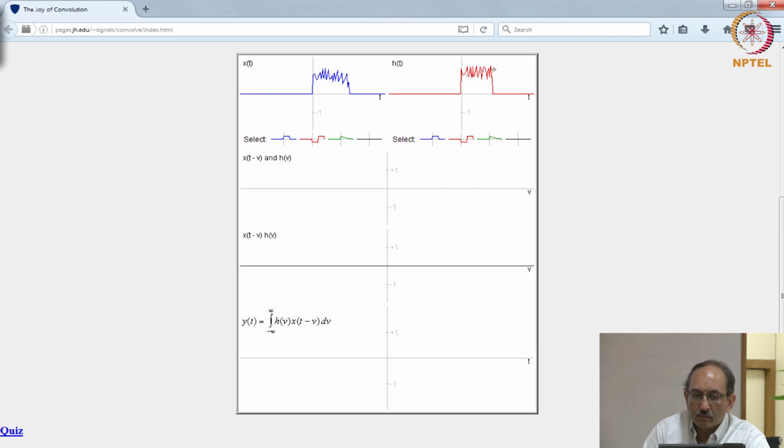and now here is another pulse which is similar. So, now what I am going to do is, now I am going to convolve them. If these were two clean pulses, you would expect a triangular shape. Now, let us see what happens here.